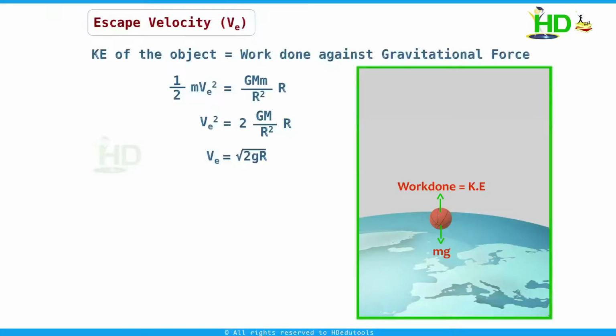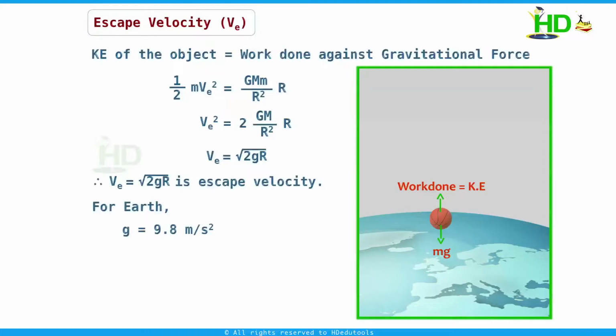Already we know that the acceleration due to gravity g equals GM by R square. Therefore, ve equals root of 2 into g into R, where g is the acceleration due to gravity and R is the radius of the planet. In case of Earth, g is 9.8 meter per second square and the radius is 6400 kilometers.